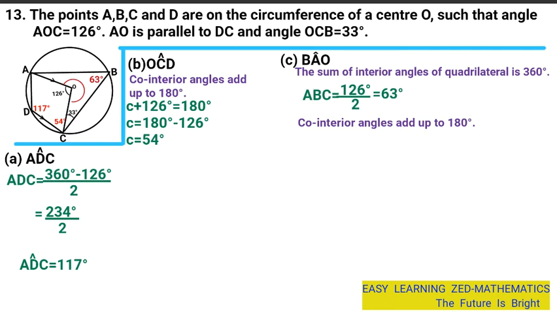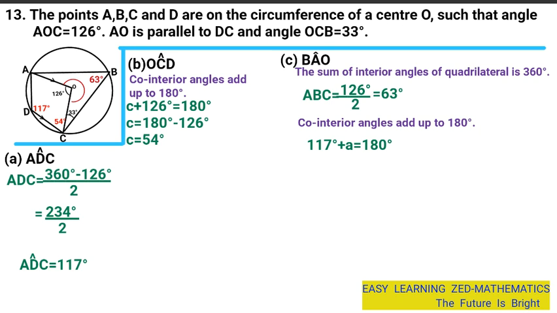So we're going to say 117 degrees plus, I'm going to call that angle A, is equal to 180 degrees. We're going to find the difference.